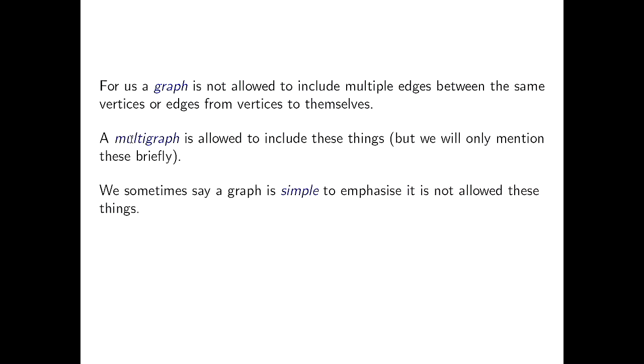Sometimes we say a graph is simple when we want to emphasize that it's not a multigraph. But if we just say graph, we mean not a multigraph. We mean simple graph. So simple is just emphasis that it's not multi. But if you just see us say graph, we mean a simple graph with none of these multiple edges and loops and stuff. Is that clear?